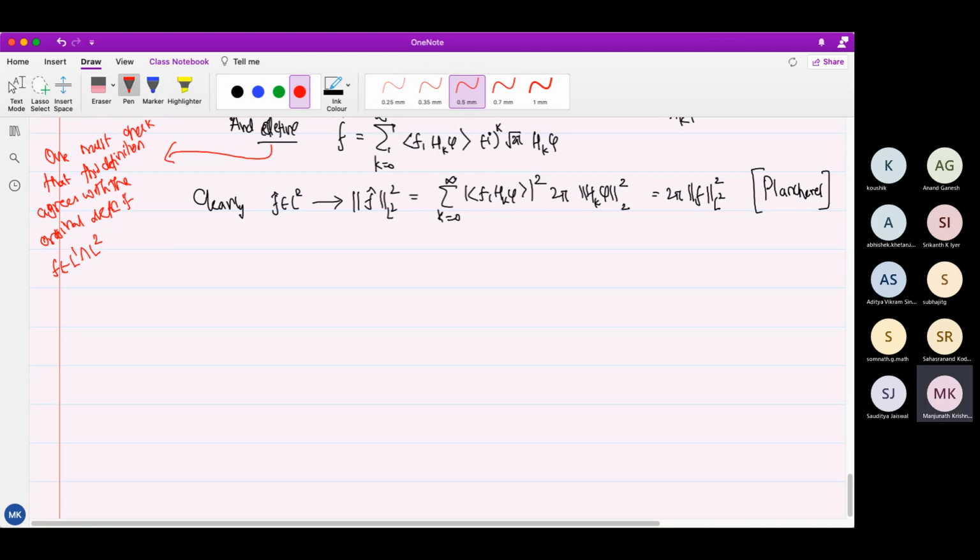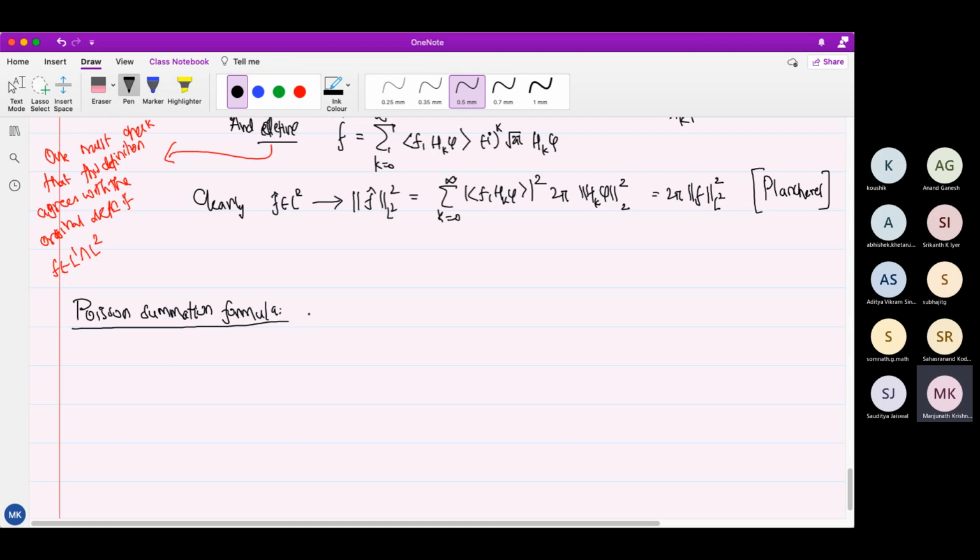Okay, so then let me go on to what is next. The one more thing that I wanted to do is Poisson summation. It is a useful formula with lots of applications.